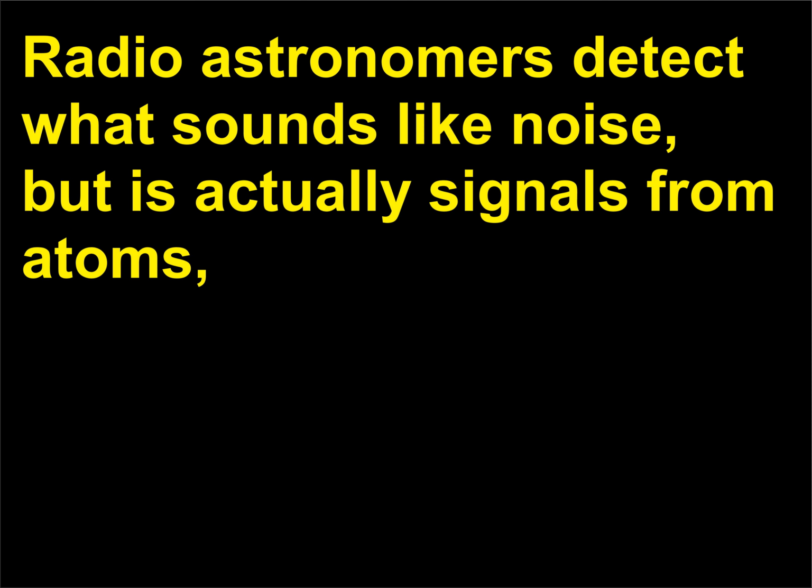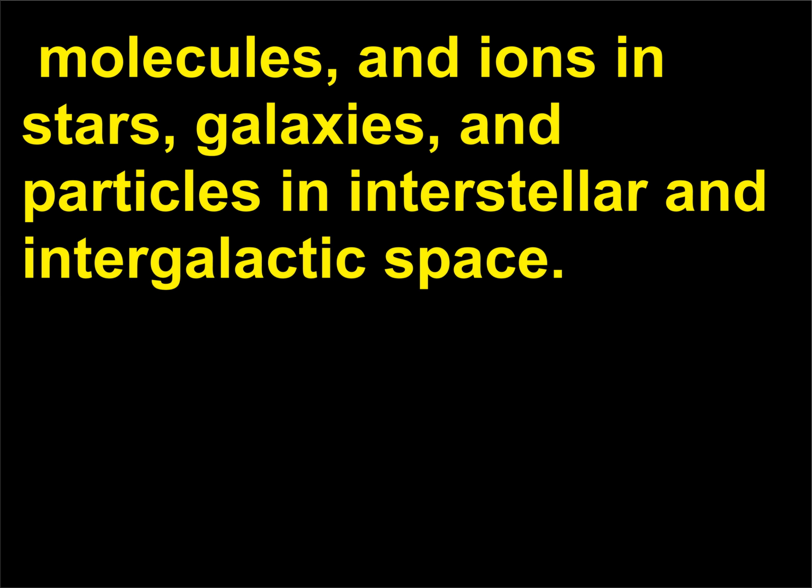What do radio astronomers hear? Radio astronomers detect what sounds like noise, but is actually signals from atoms, molecules, and ions in stars, galaxies, and particles in interstellar and intergalactic space.